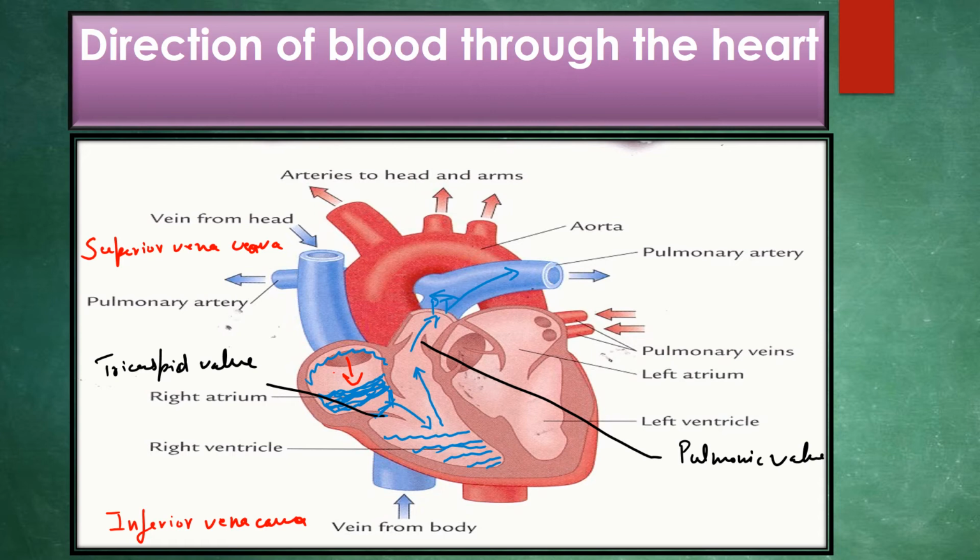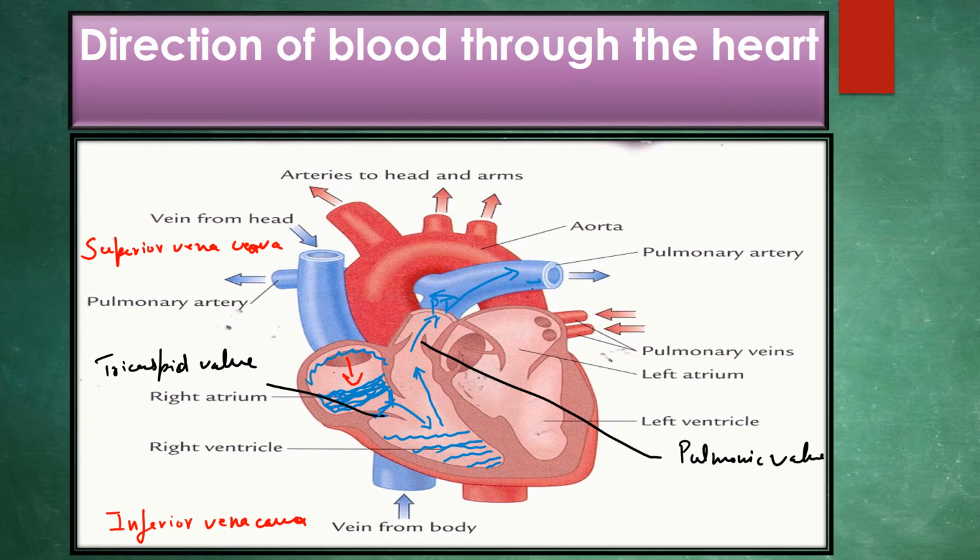The right pulmonary artery transports the blood to the right lung, and the left pulmonary artery transports the blood to the left lung for oxygenation. In the lungs the blood gets oxygenated.